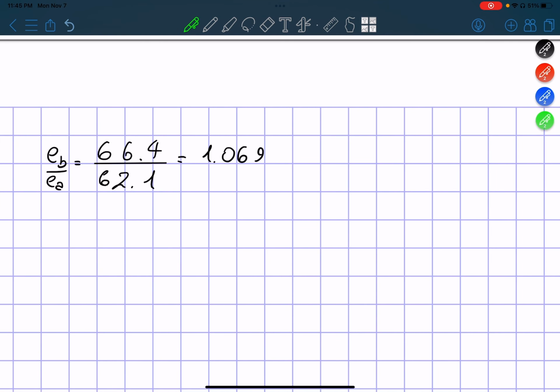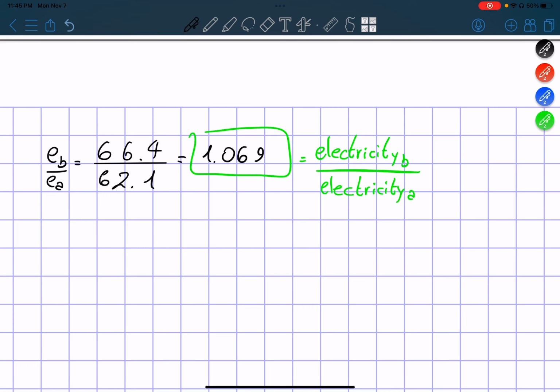So this is the ratio of the electricity produced in B over electricity in A, because of the efficiency.